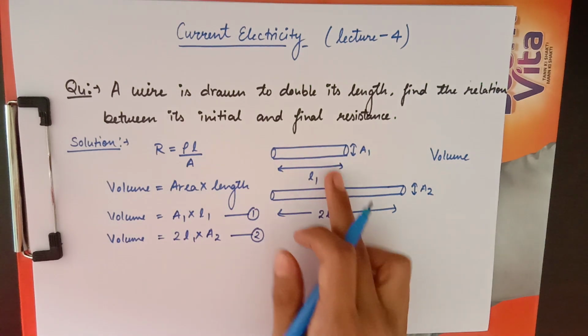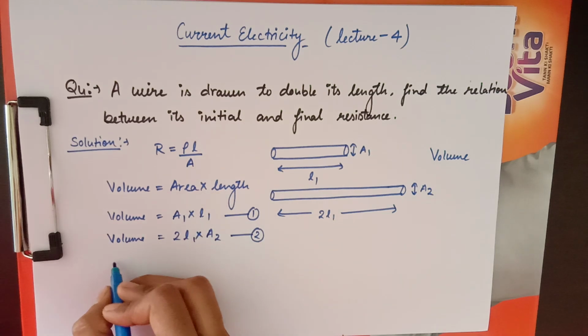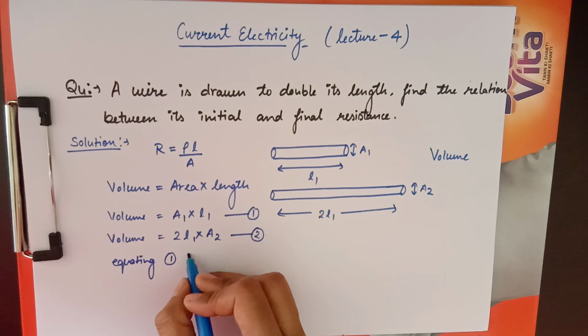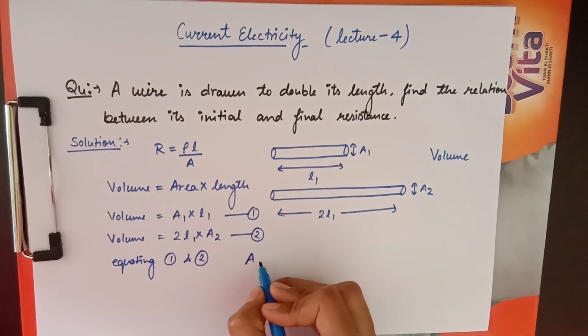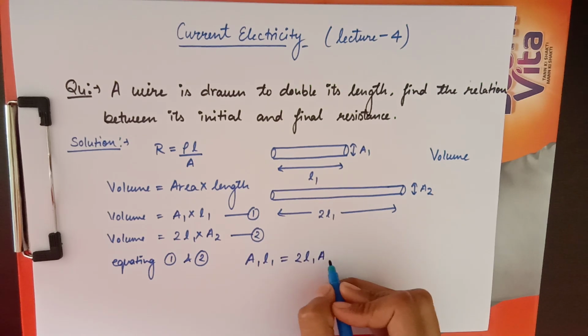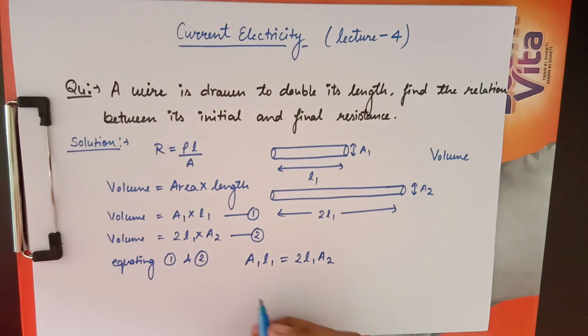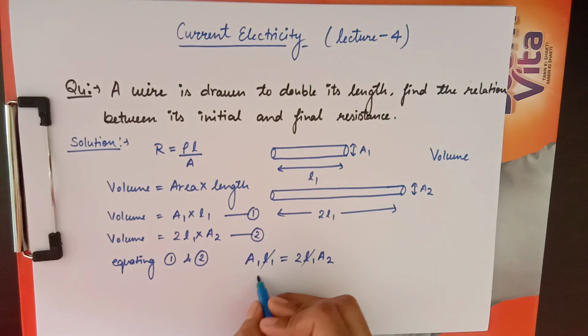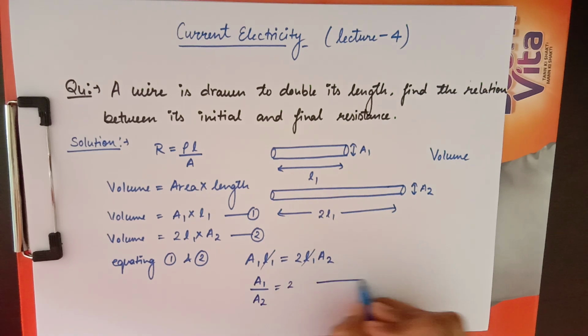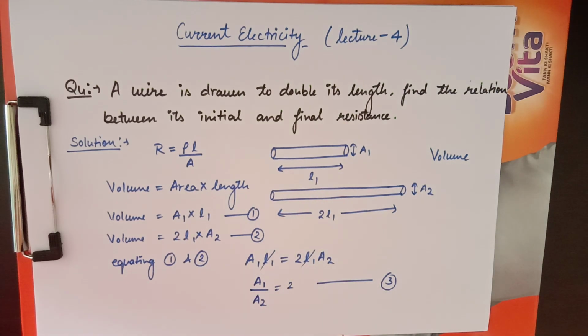As the volume remains same, we can equate these two. Equating equation 1 and 2, A1 L1 will be equal to 2 L1 A2. From this L1 cancels out, and I can write A1 divided by A2 will be equal to 2. This is equation number 3.